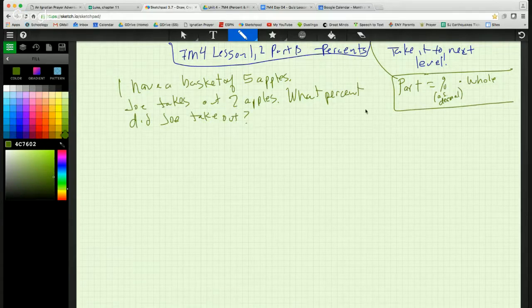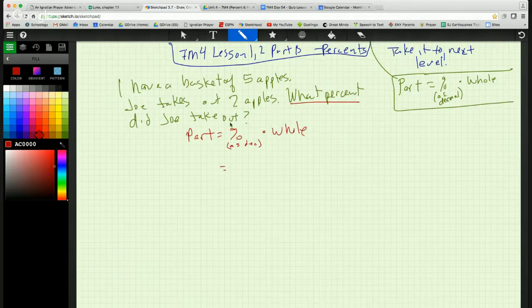Well, let's look at this. First of all, you can identify what it is we know or don't know. In this equation right here, I say, well, what percent is what we don't know? Because we say, what percent did Joe take out? We don't know what percent. So that's this piece here, right? Let me just write it again. Part equals percent as decimal times whole.